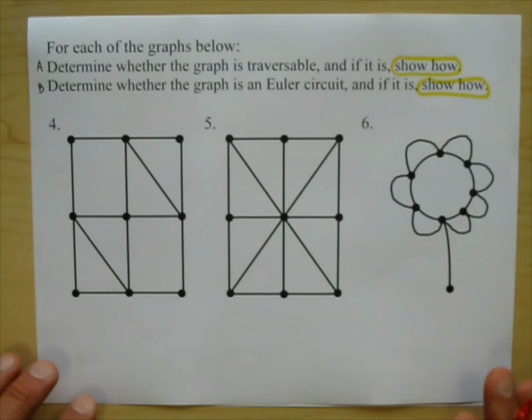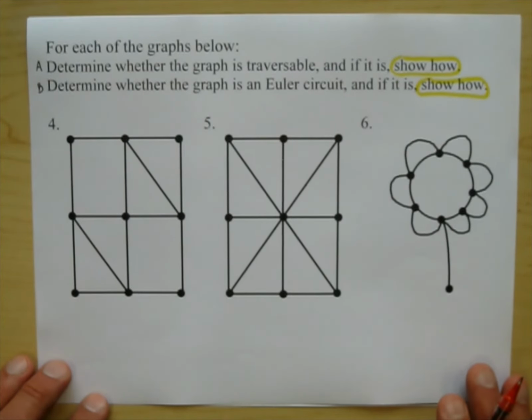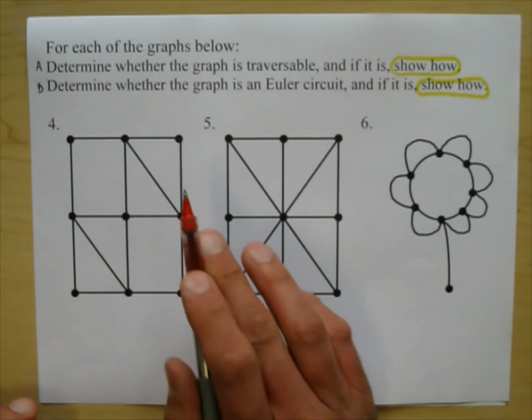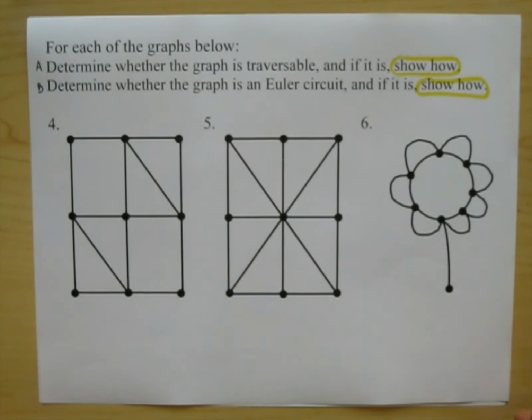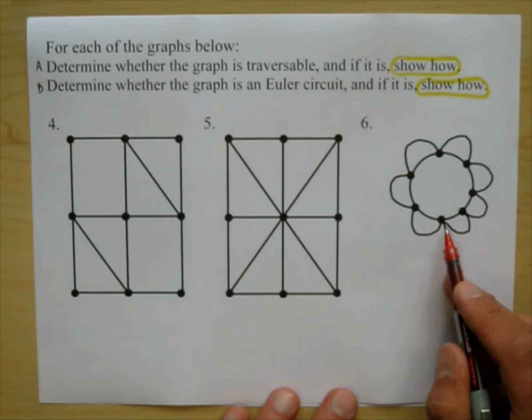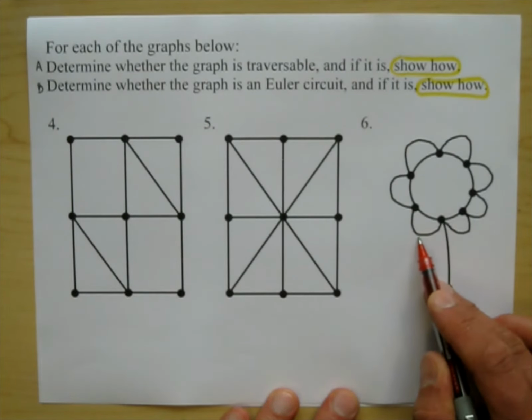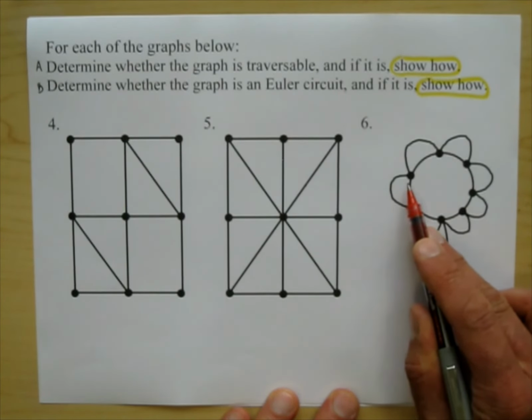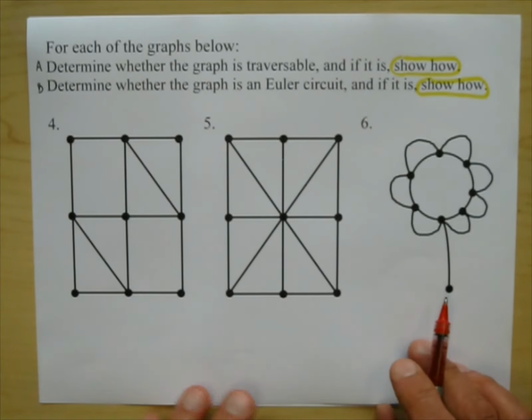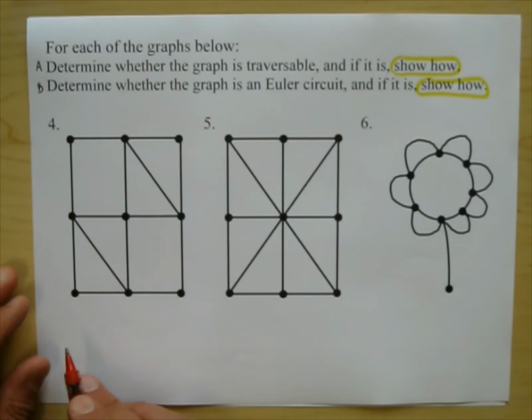So what do we have to do with these graphs? Well, you might want to pause the video and see if you can determine whether the graph is traversable and whether the graph is an Euler circuit. You can reproduce these graphs. One thing we notice about these graphs is the edges can be curvy. Okay, so that's the flower graph. So I'm going to start right here.